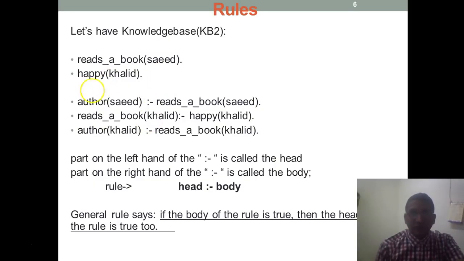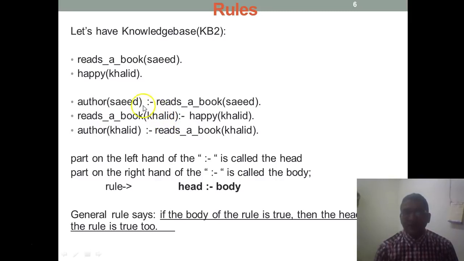Because of the help of the rules. We have the information that Khalid is happy. So if you look at rule number 2, Khalid happy means Khalid reads a book. Out of this fact, the knowledge base can induce new information that Khalid also reads a book.